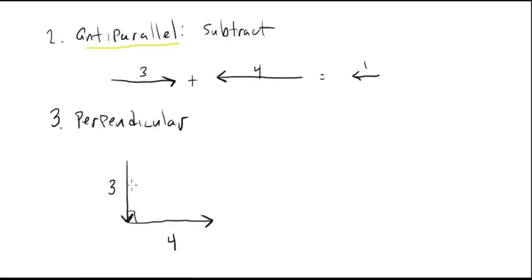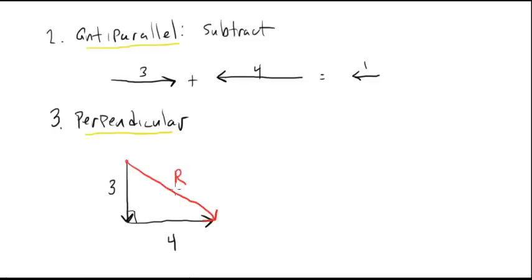What would my resultant be now? First of all, I'm going to draw the resultant. The resultant, again, is from the start to the finish, so it's this line right here. That's the resultant. I'm going to put an R in there for resultant.